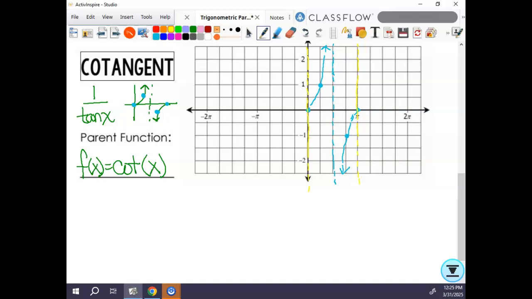But then also, if I keep going, those are pi units away, also at 2 pi. And also at -pi. And at -2 pi. Right? Everybody okay with how I know all that? Just using my reciprocals. Okay, so then when tangent is 1, what is the reciprocal of 1?